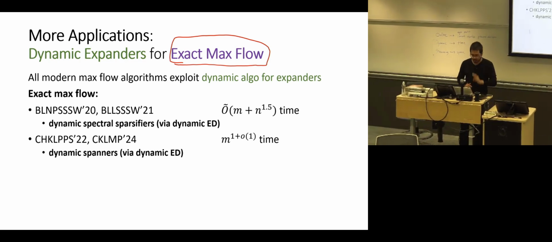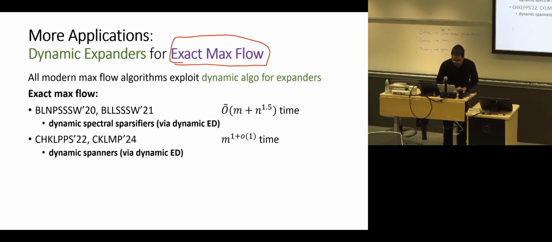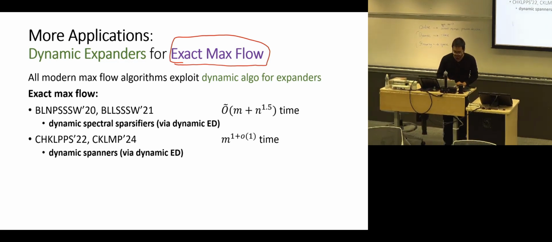But actually there is a new algorithm that doesn't use expanders at all. Maybe I shouldn't say all. There's one new paper that uses a dynamic spanner but doesn't use the dynamic expander stuff.